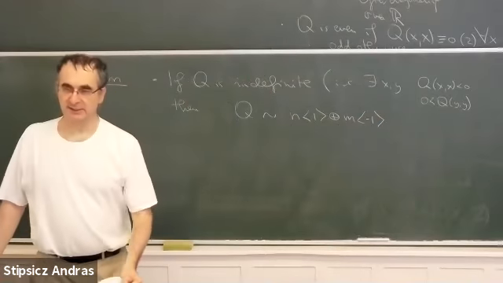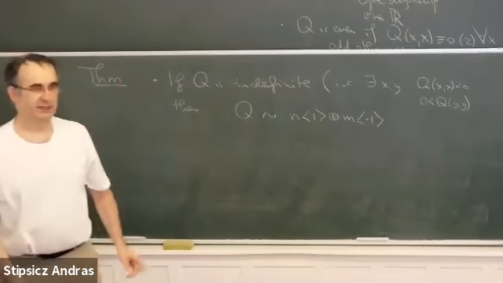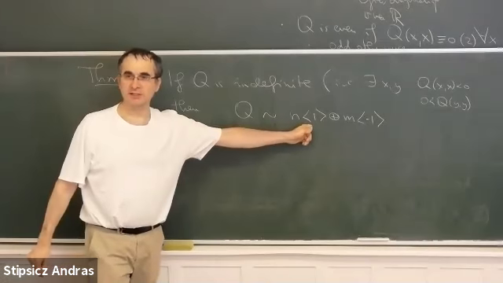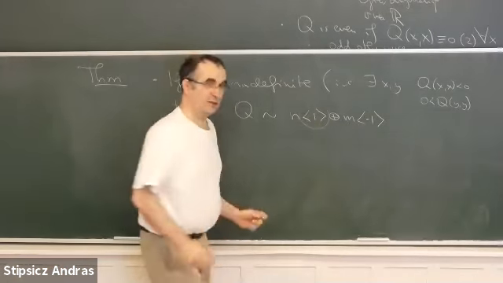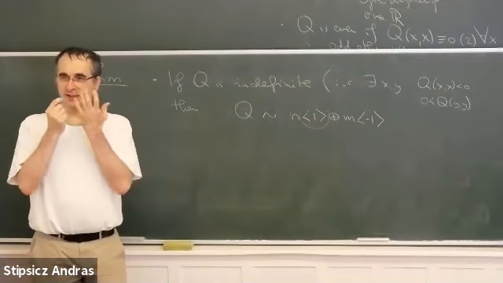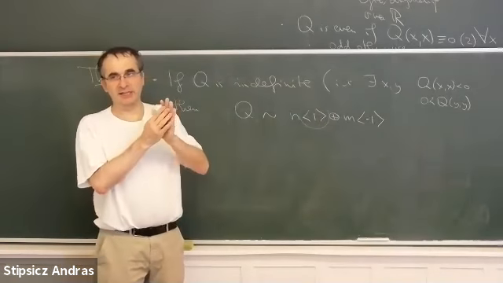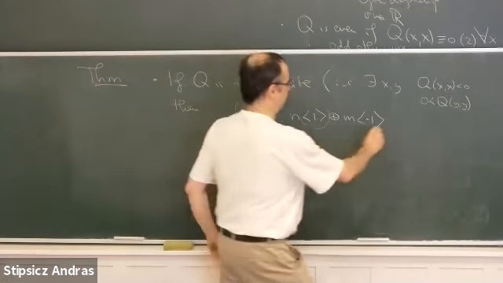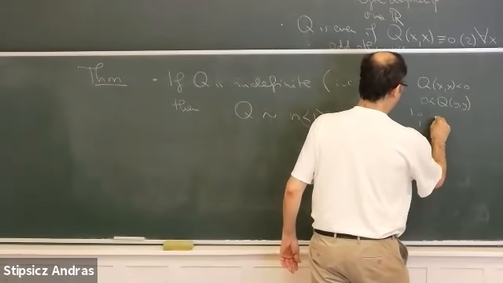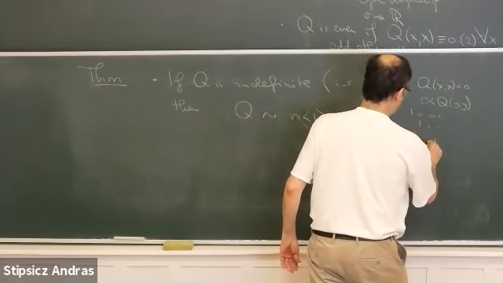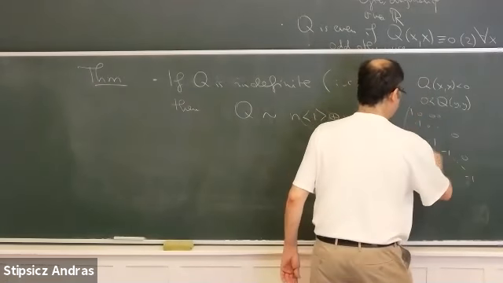It can be represented in an appropriate basis by a diagonal matrix, where in the diagonal we have n ones and m minus ones. This symbolizes the one-dimensional form having a single one. And when I put a number in front, I imagine that I take the direct sum of those. So this corresponds to the matrix with n ones and zeros everywhere else, and then m minus ones and zeros everywhere else.